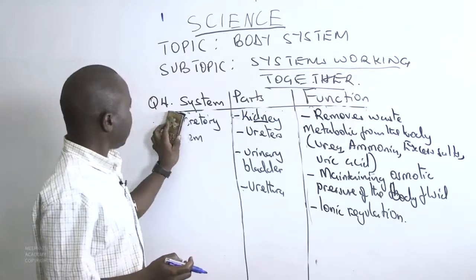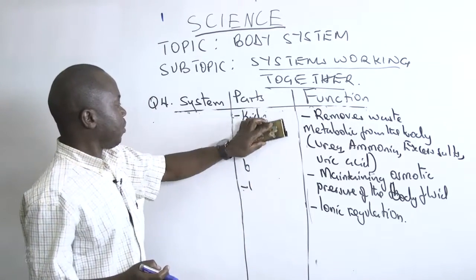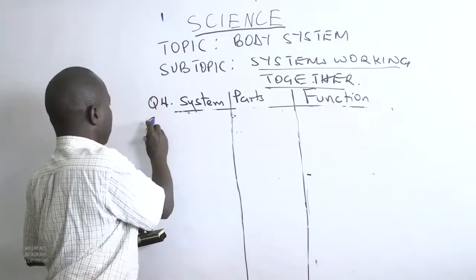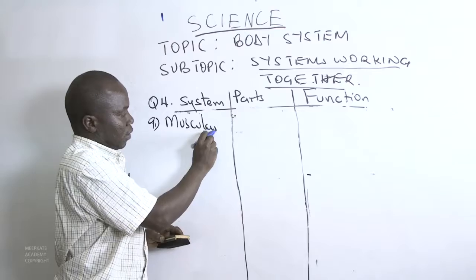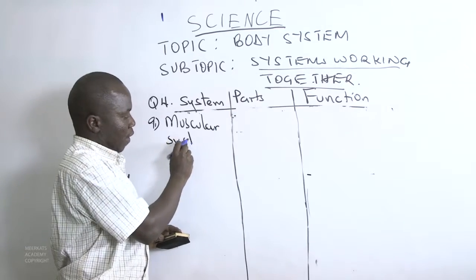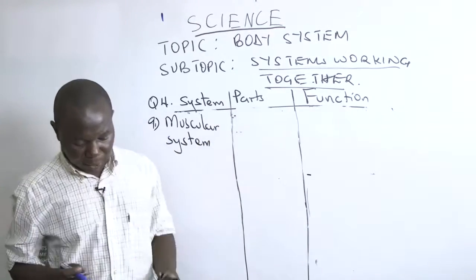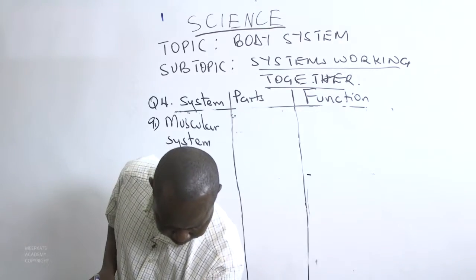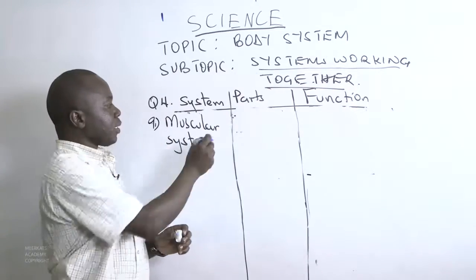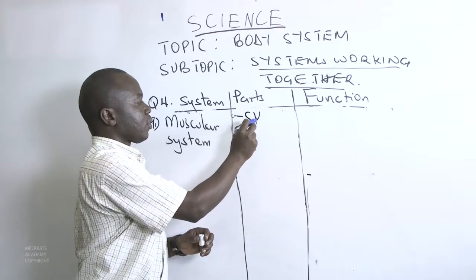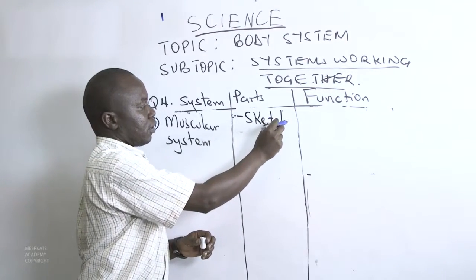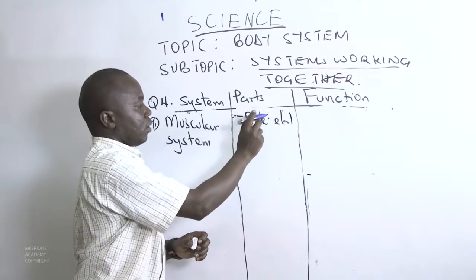The last system, number 9, is the muscular system. The muscular system is majorly made up of skeletal muscles.